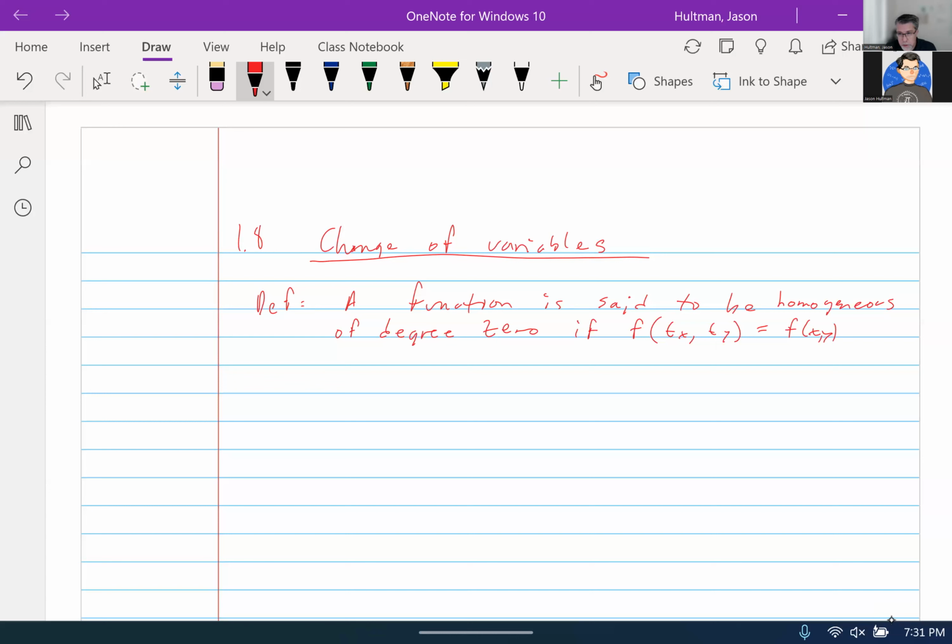Is that equal to the function of x, y? Are they the same? For all positive values of t for which tx, ty are in the domain of f.